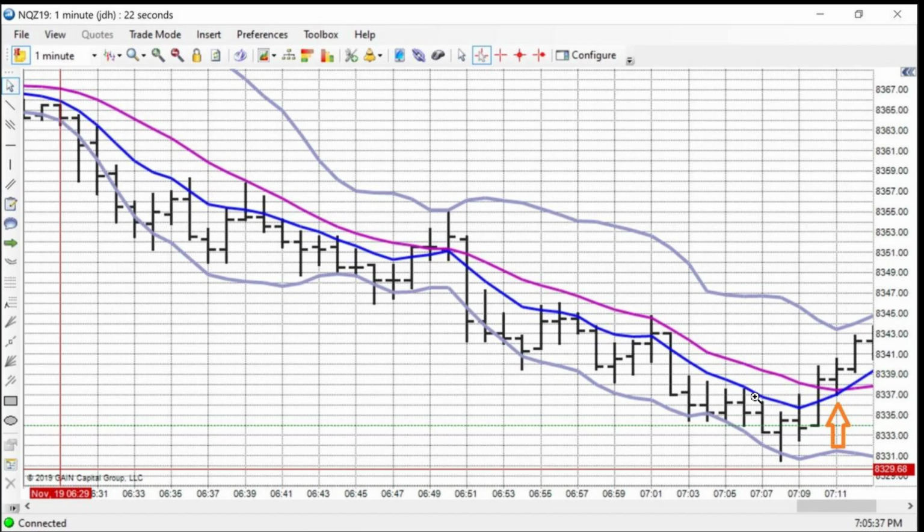That's kind of a red flag for me. It's also an older trend, so it's moved down quite a ways, quite a few swings. So I was expecting a trend change would be imminent, and sure enough, right after the 7 o'clock hour, 11 minutes, it changed trend direction right where I've marked that arrow.